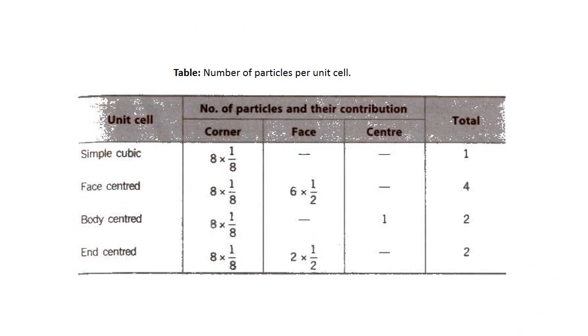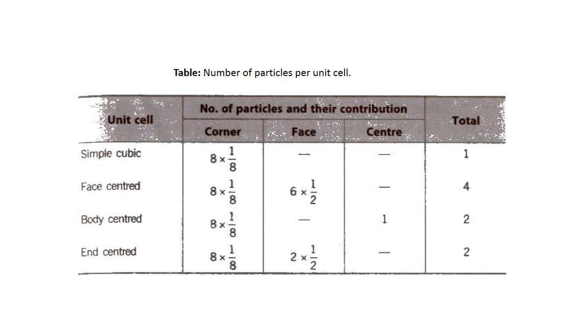This is the table in which the number of particles per unit cell is discussed. In a unit cell, 3 things are present. The first one is the corner of the cell, the second one is the face of the cell, and the third one is the center of the cell. In a simple cube, we know there are only corner points, and in addition to corners, no other point at a face or center is present.